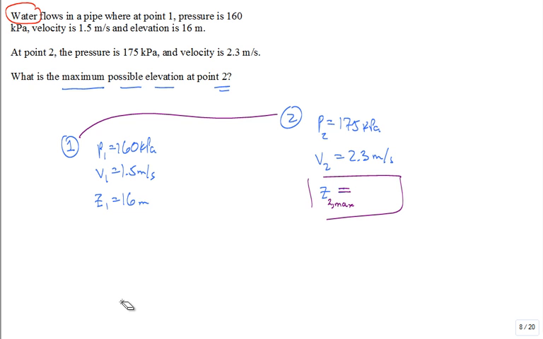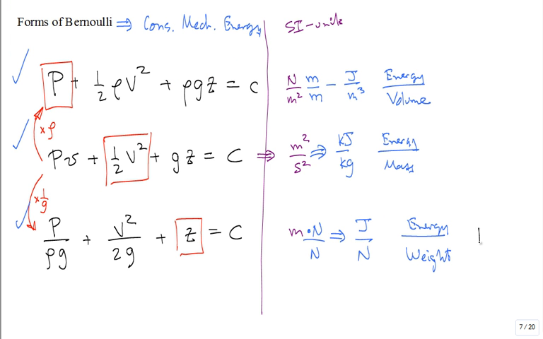I forgot to emphasize, this version is called head. This is just the pressure form. This one is just energy. Somebody said, we'll just use Bernoulli's, and it's just because it's energy per unit mass. But head is the one a lot of civil engineers use. Let's use that version of it, okay?